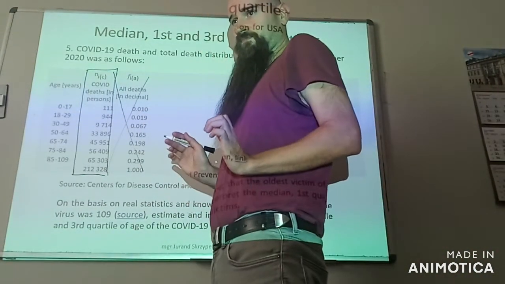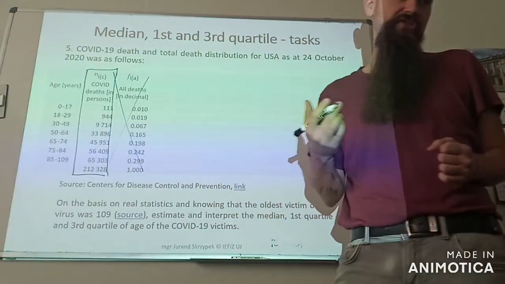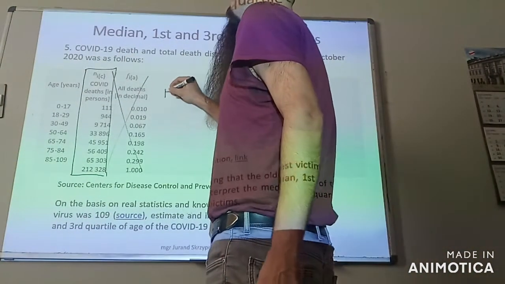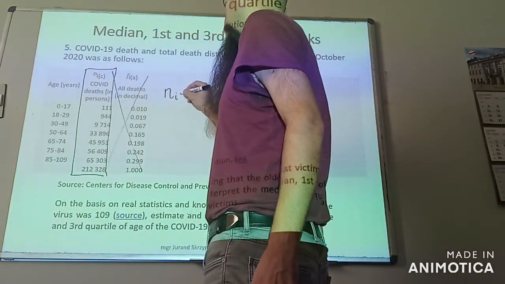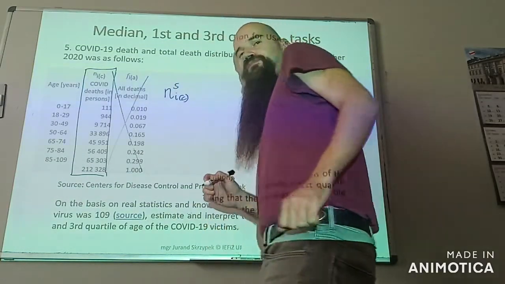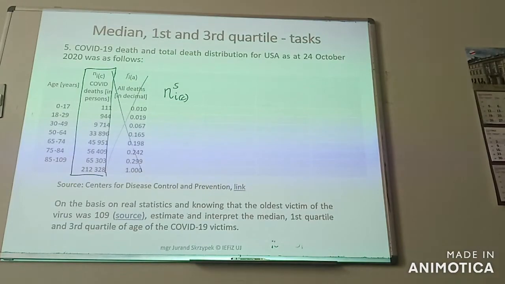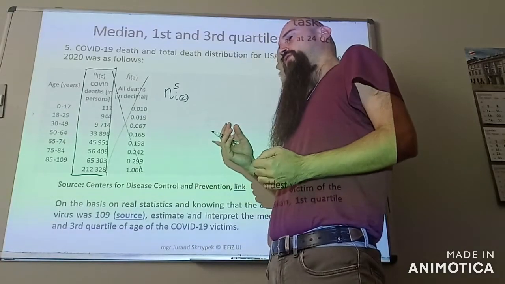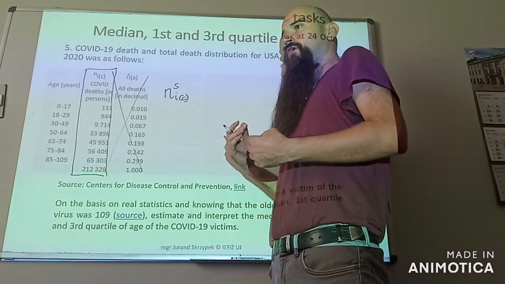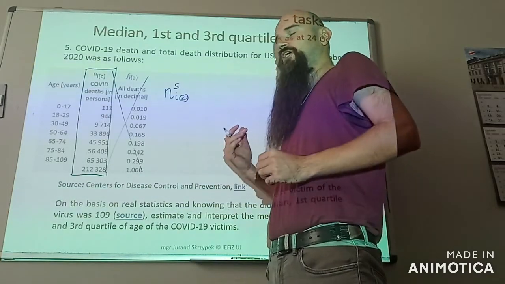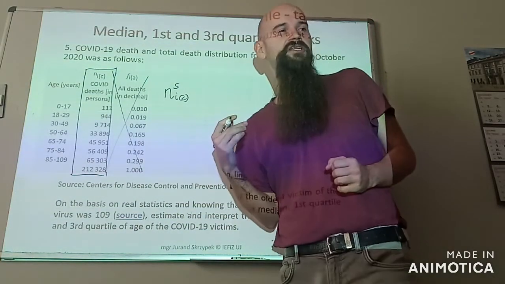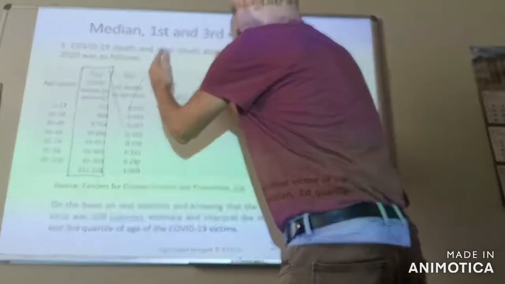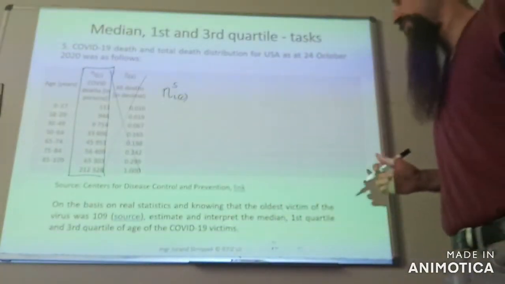The first step in the computation of the median and the first and third quartile is to compute cumulative frequencies, because we will look for the class in which we have the median, in which we have the first quartile and the third quartile. We need the cumulative frequency.